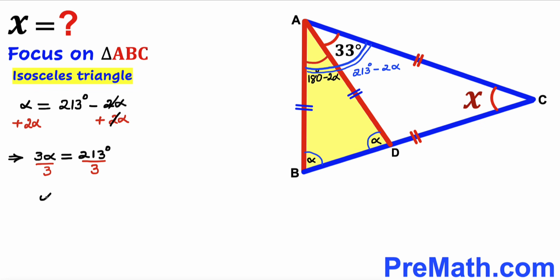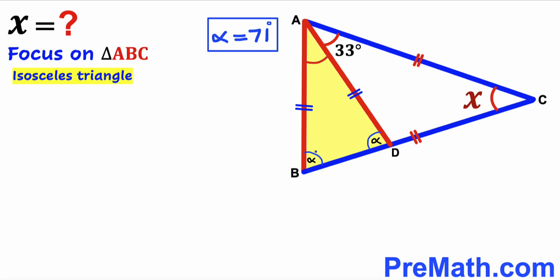So therefore our angle alpha turns out to be equal to 71 degrees. So thus this angle alpha simply turns out to be 71 degrees. And since this angle is congruent to this whole angle, so this angle has got to be 71 degrees as well.